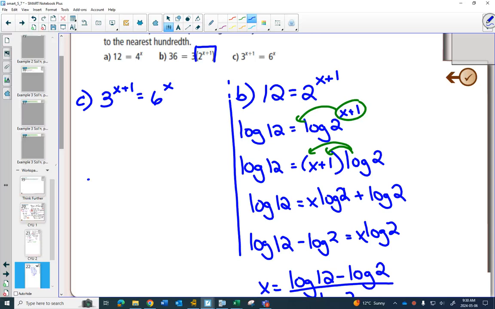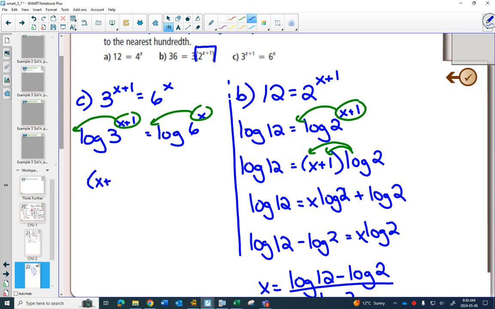No, there's powers on both sides. So I take the log of this side. I take the log of this side. These exponents could come out in front. This is a number, so I can distribute it.